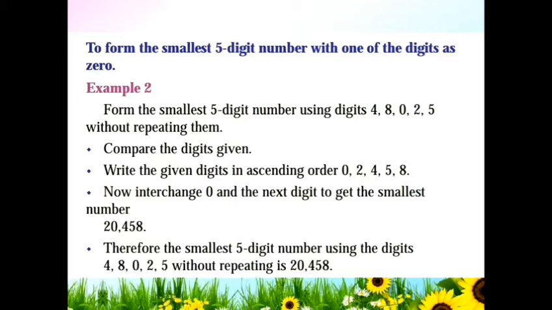Now interchange 0 and the next digit to get the smallest number 20,458. Therefore, the smallest 5-digit number using the digits 4, 8, 0, 2, 5 without repeating is 20,458. The greatest number is 85,420.